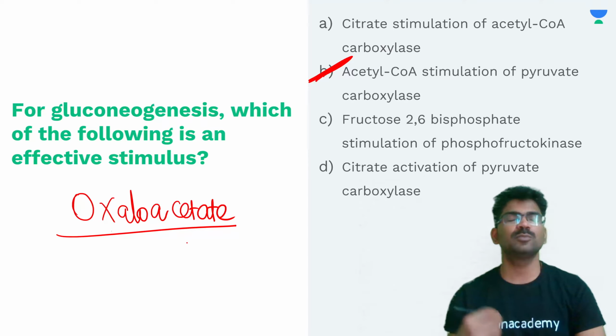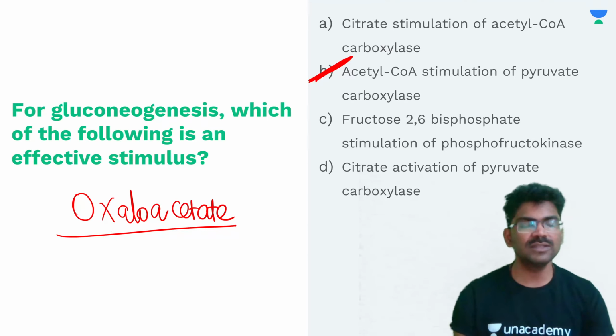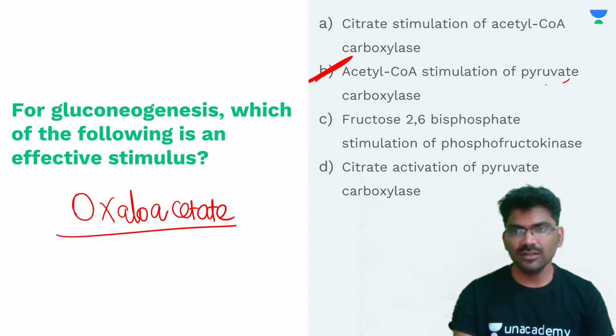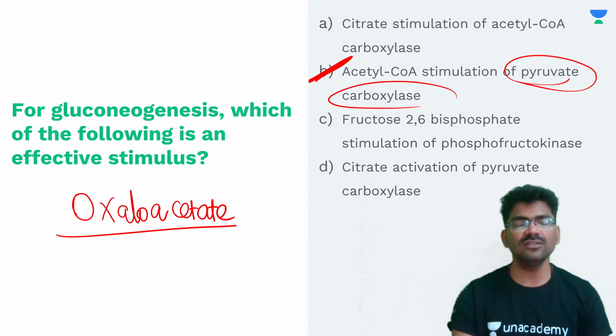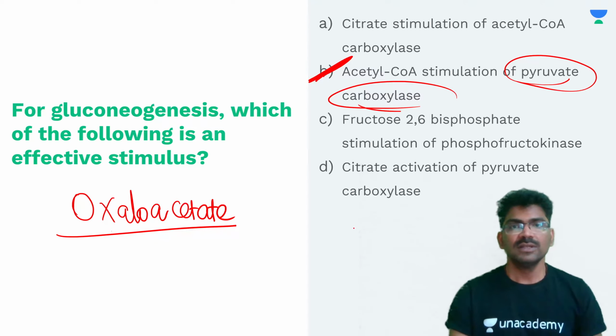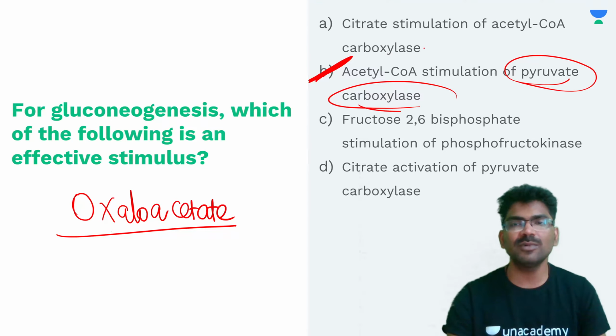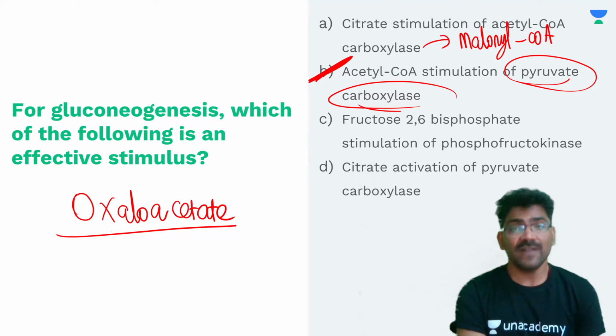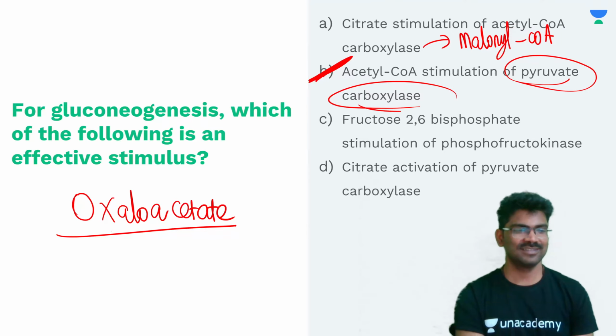The pyruvate carboxylase reaction is stimulated by acetyl CoA. Citrate activates acetyl CoA carboxylase, but acetyl CoA carboxylase is going to produce malonyl CoA. Malonyl CoA is involved in fatty acid synthesis.